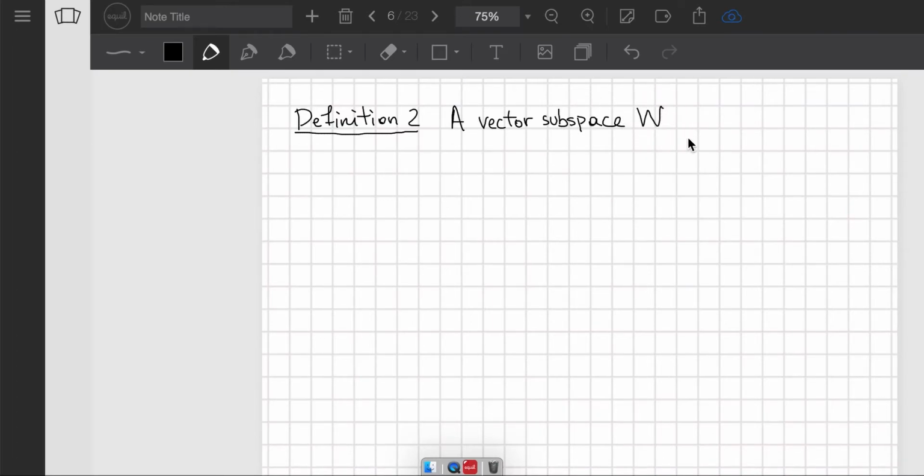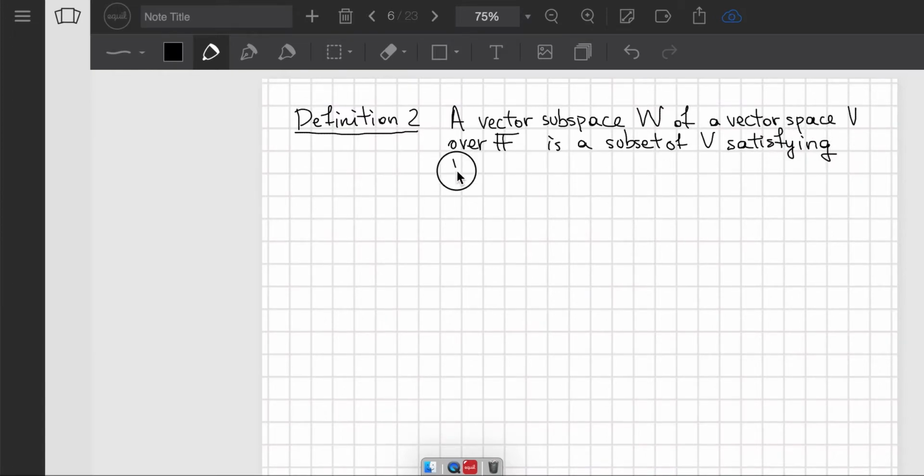So a vector subspace W of a vector space V over the field F is a subset of V satisfying the conditions of a vector space, so satisfying Vs1 through Vs10. Okay, so essentially a subset of V is considered a subspace if it satisfies Vs1 through Vs10.